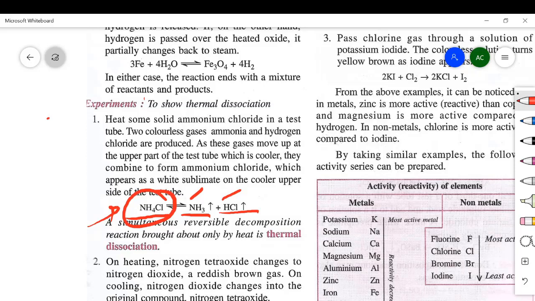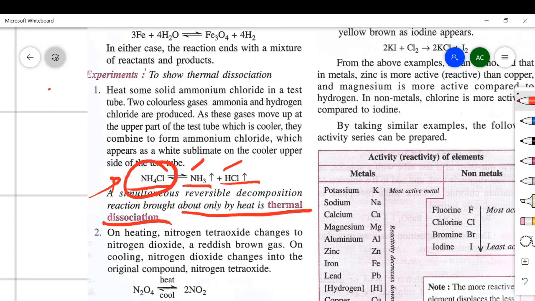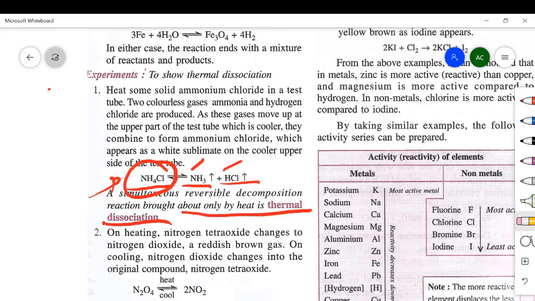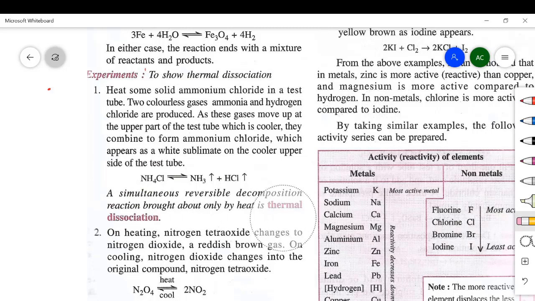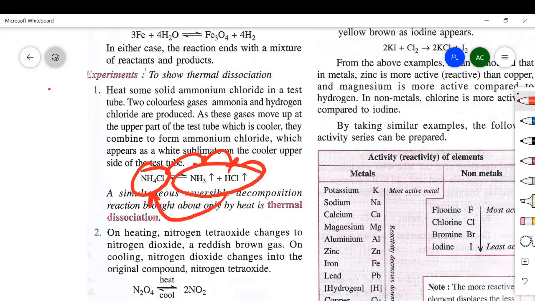A simultaneously reversible decomposition reaction brought about only by heat is known as thermal dissociation. So what is thermal dissociation? It is a simultaneously reversible decomposition. That means first we have heated this, it has changed into these two compounds, and later on when they are cooled they change into this compound.